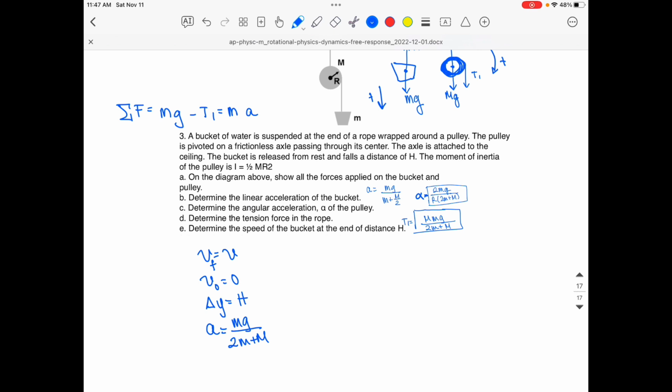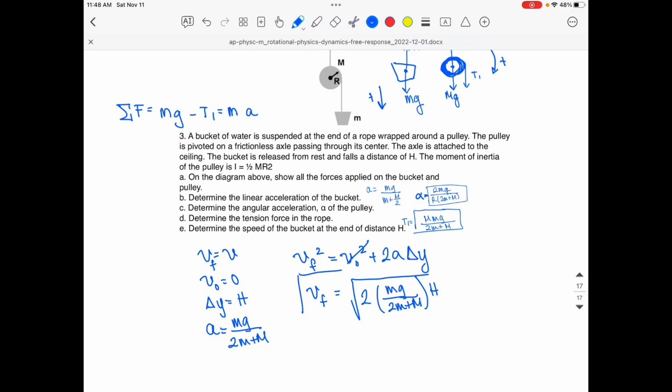Okay, and from there I can use the V final squared equation, and I'm going to start with 0 initial velocity, and V final is equal to the square root of 2 times a, which is mg all over 2m plus M, times h. And I don't think you can really simplify that anymore.